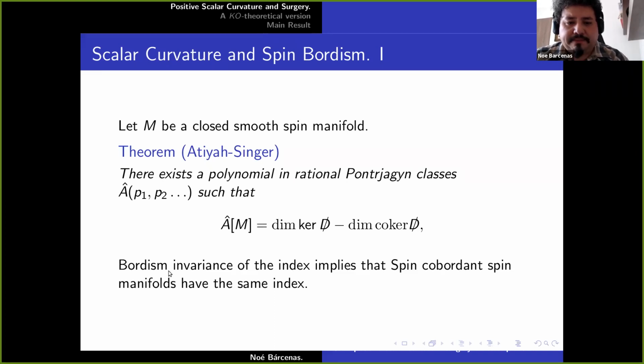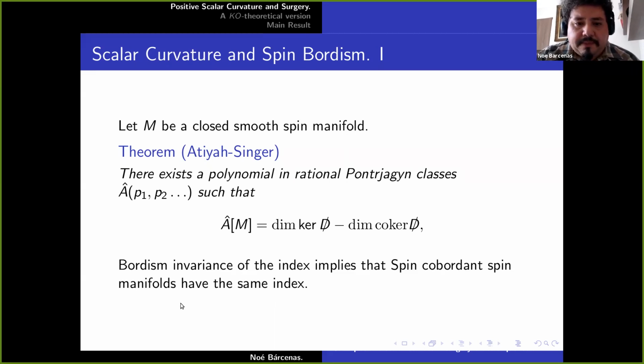So the index of the Dirac operator is invariant under spin cobordism. In fact, if you consider the Pontryagin classes, the Pontryagin numbers are invariants of rational oriented Bordism.